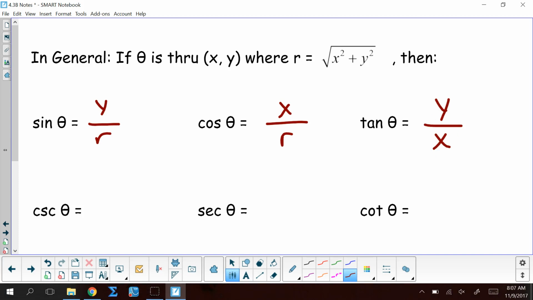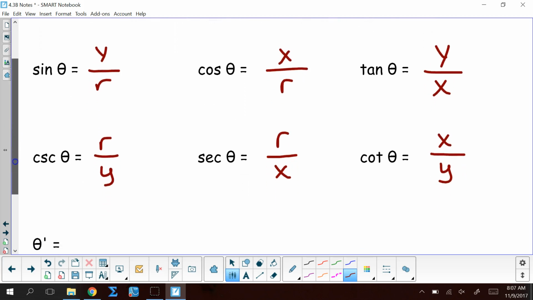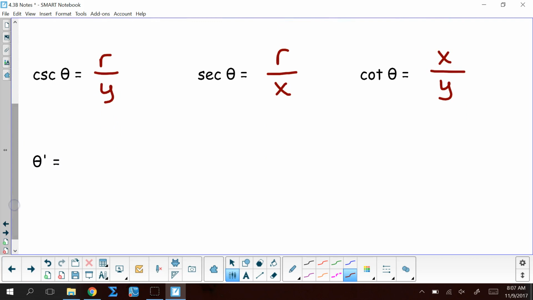Cosecant. R over y. Secant. Cotangent. Right? Okay.